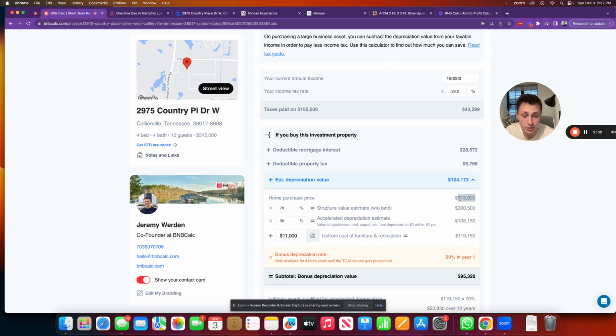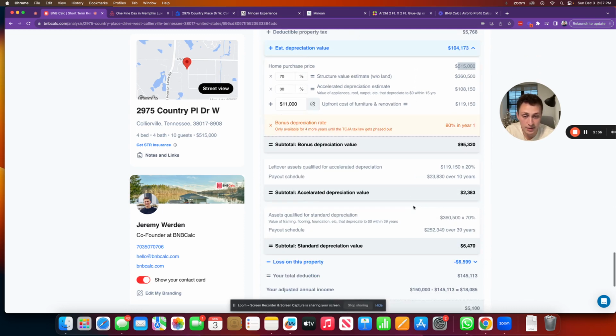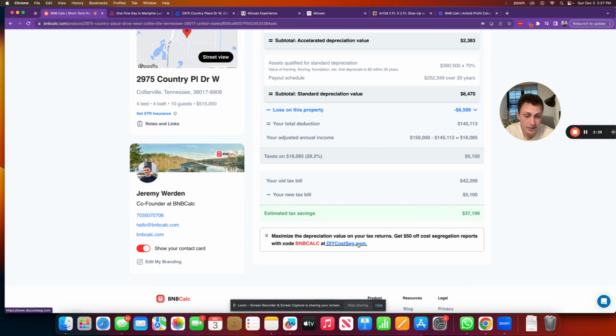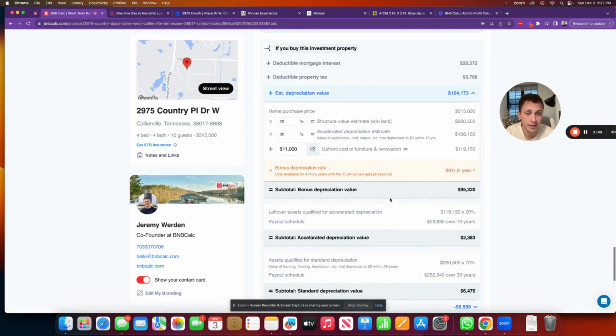However, with a short-term rental, you can do what's known as a cost segregation study. I've probably looked into 5-10 different vendors, and this is the one that's the least expensive, kind of a do-it-yourself model. You can also get $50 off with that code.